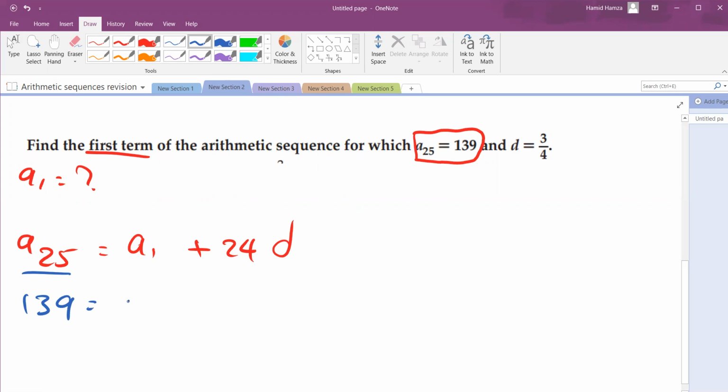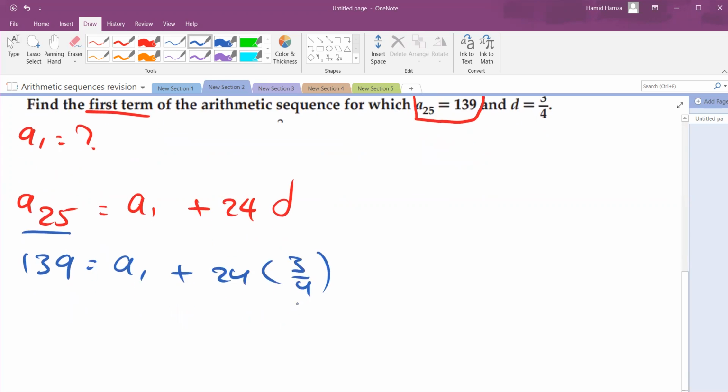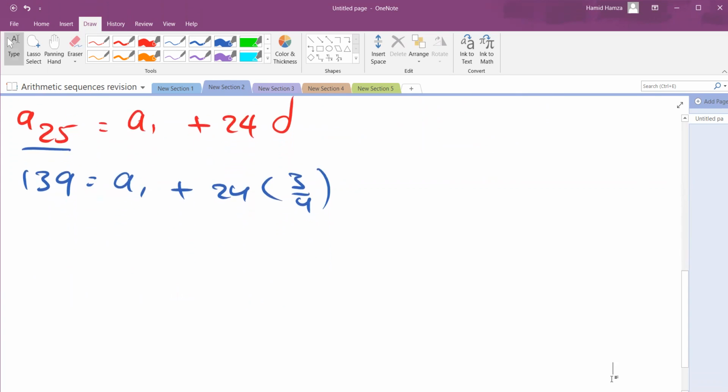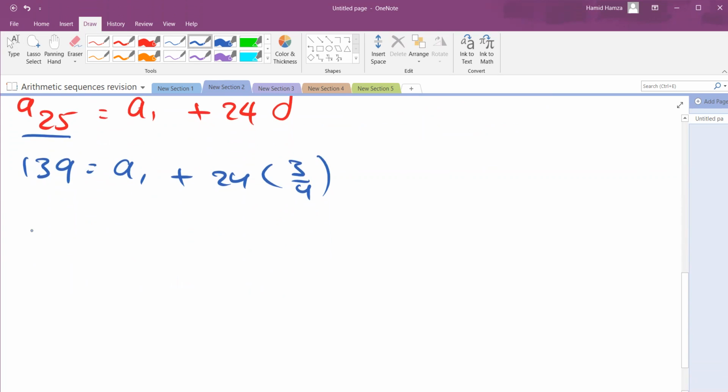A1 is required. So A1 plus 24 multiplied by D, and D is 3 over 4. Now we got an equation with A1. Solve it and find A1. So 139 equals A1 plus, cancel 4 with 24, 6 times 3, it will be 80.